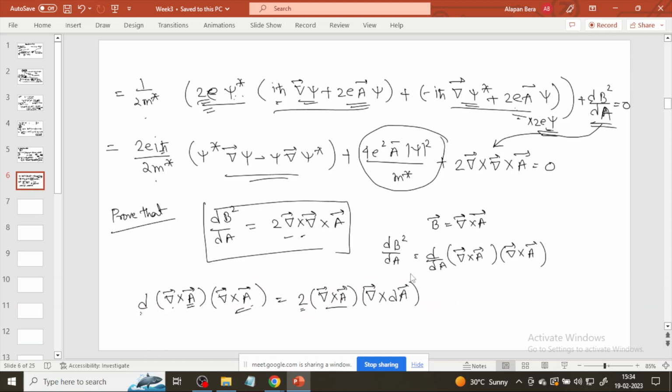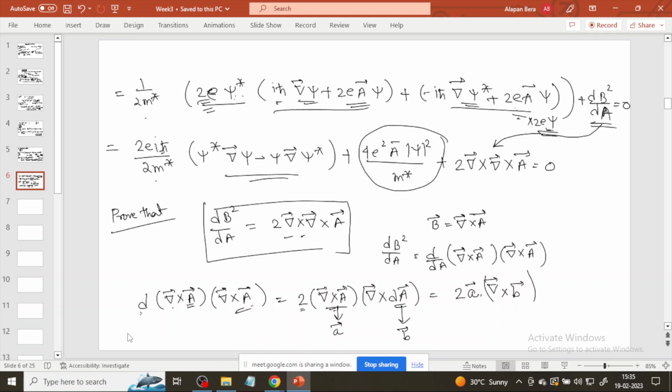Now let's assume that this curl of A is the vector A, and this dA term is B. So we can then write it as A dot curl of B.